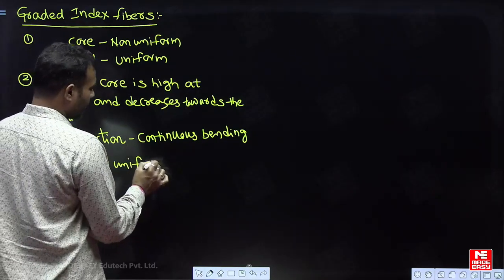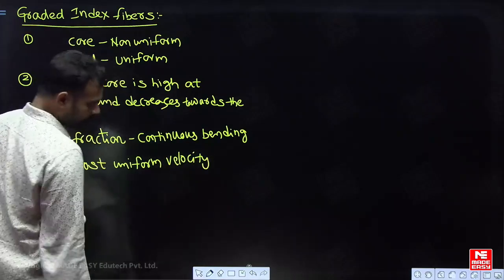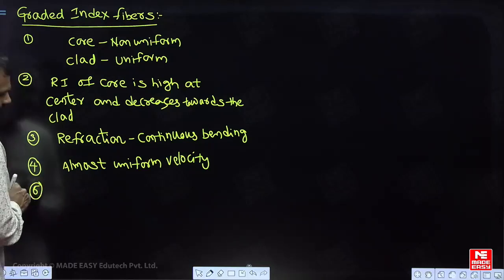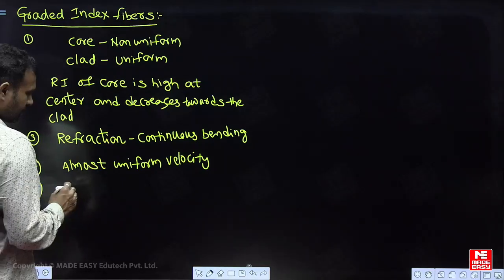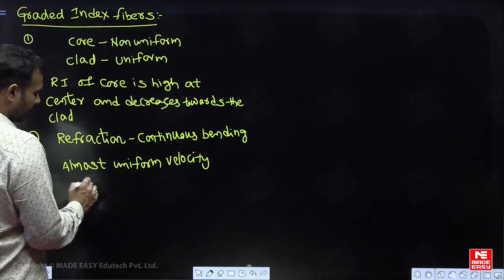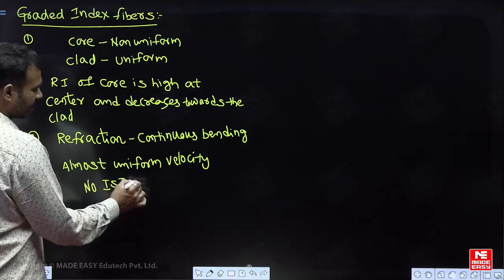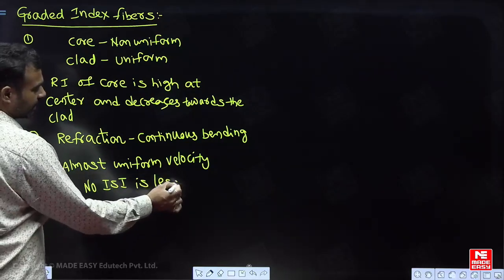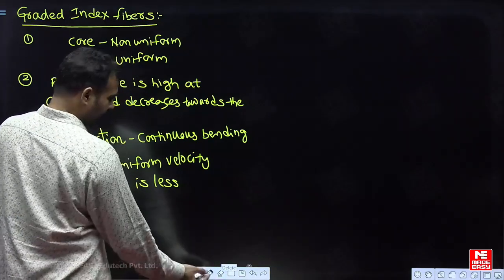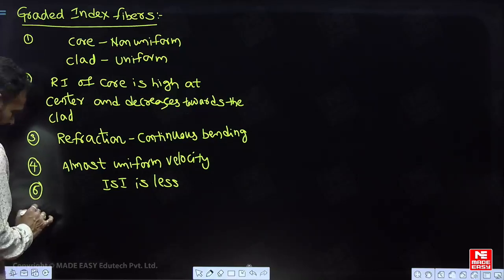And the next important point is that because of almost uniform velocity, ISI is less. It is not no ISI. ISI is present, but it is a small value, very small spreading. Intersymbol interference is very small.